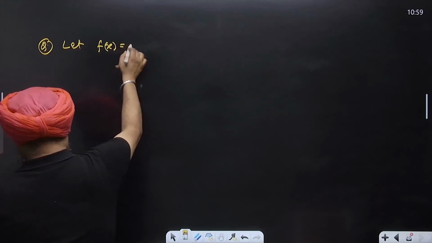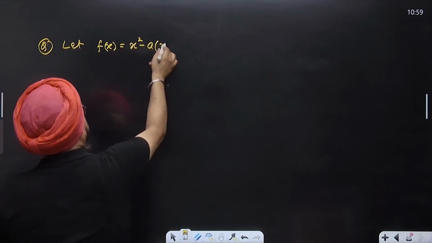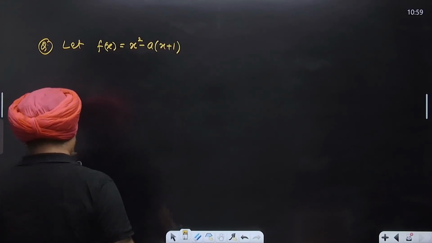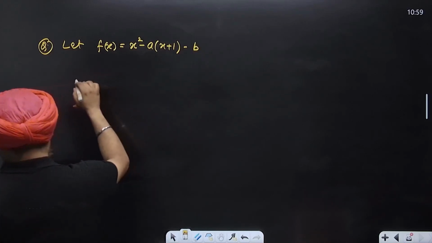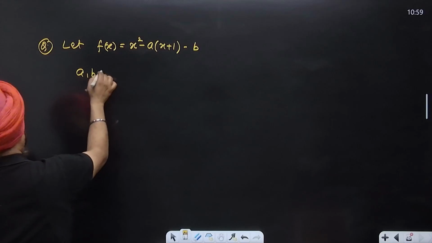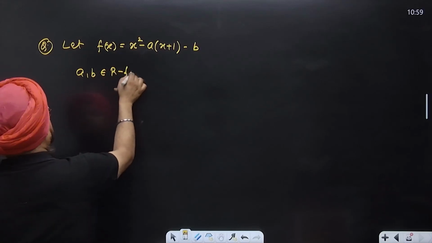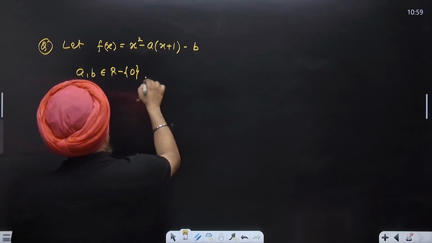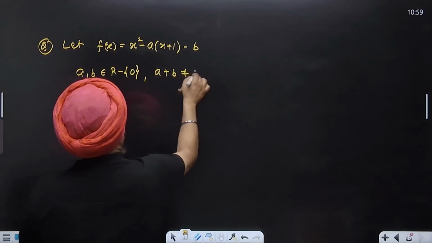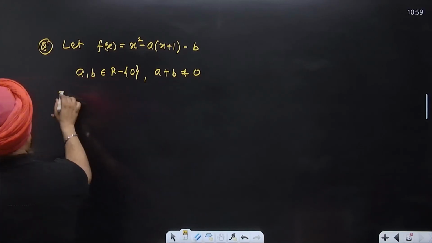Let f(x) be given, where a and b are non-zero real numbers, and a plus b is not equal to 0.